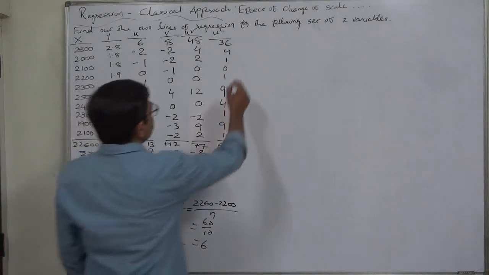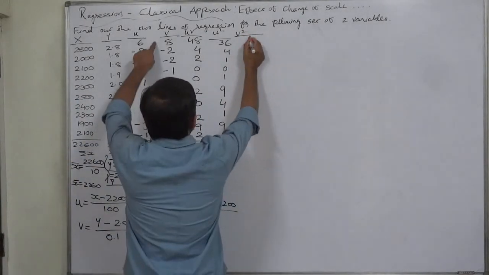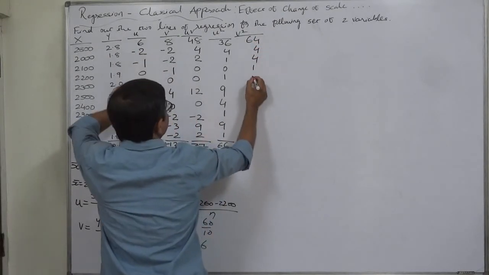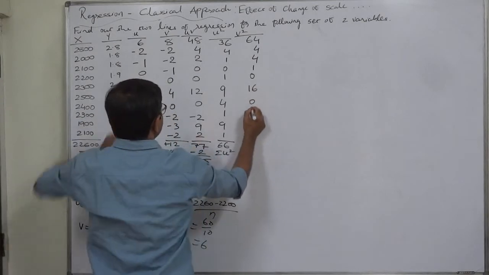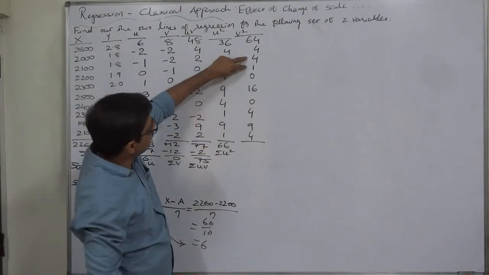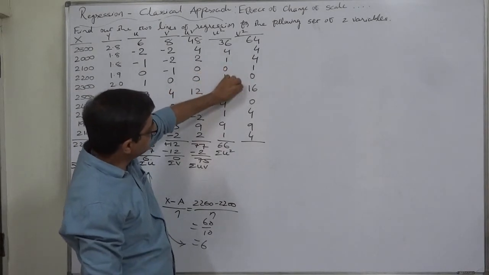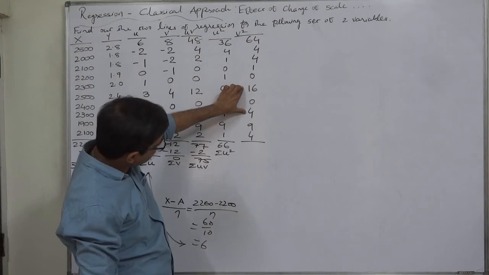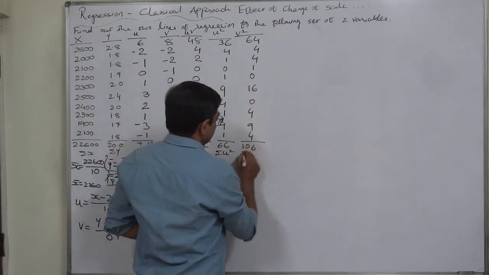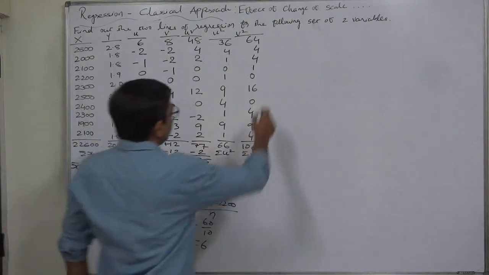And the last is V square. 64, 2 square 4, 2 square 4, 1 square 1, 0, 16, 0, 4, 9 and 4. 64 plus 9, 73 plus 16, 89 plus 4, 93 plus 9, 102 plus 4, 106. Sigma V square 106. Okay.